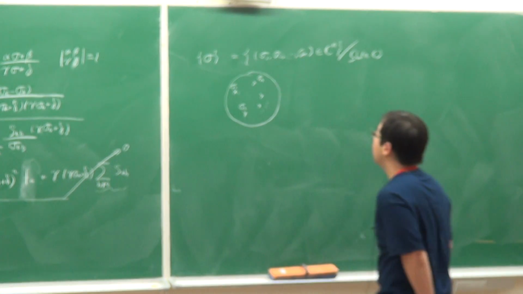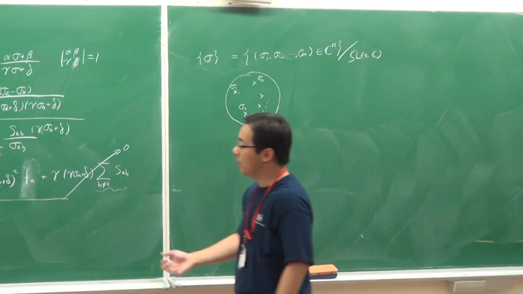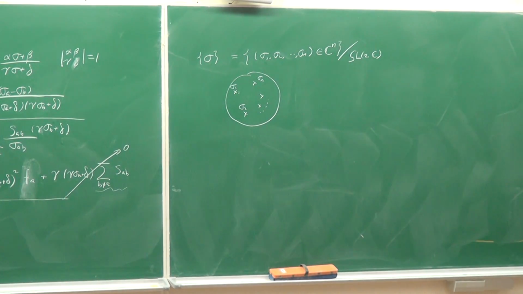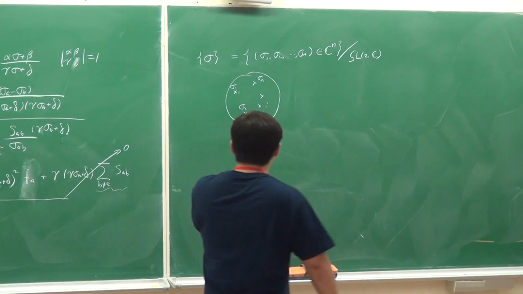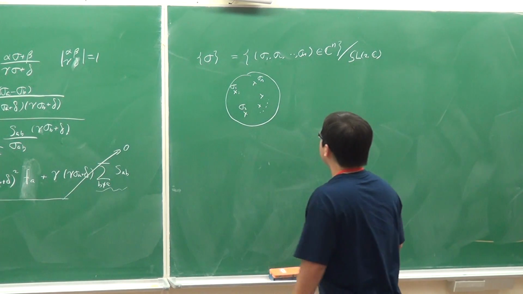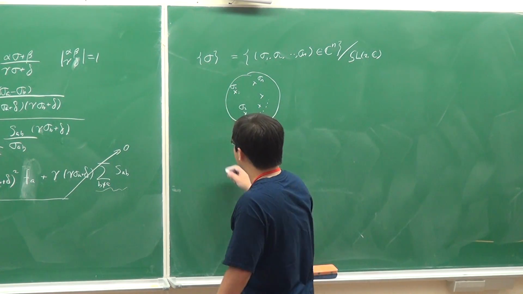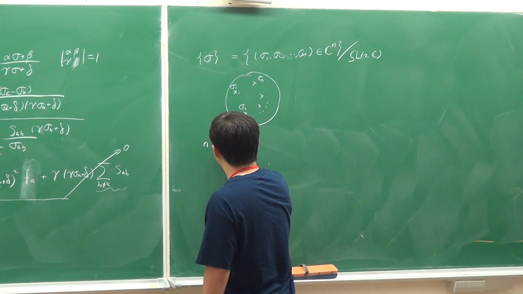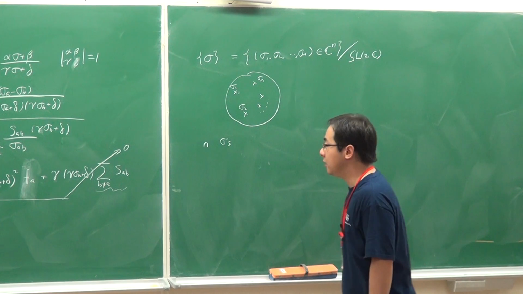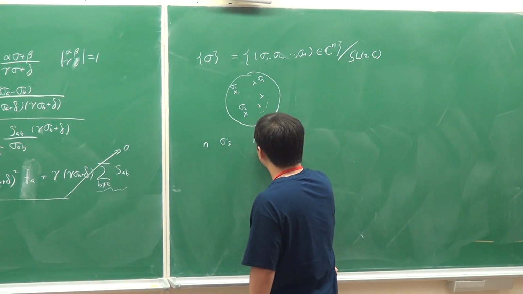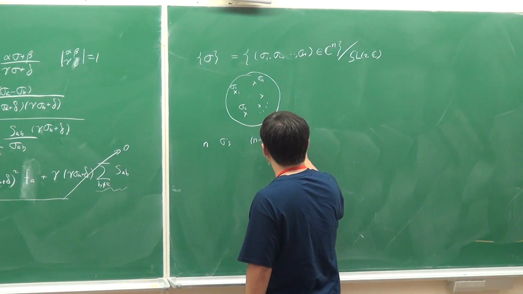Also, obviously from the equation, we don't want to consider configurations where the sigmas pinch. So effectively, that means although we have n sigmas, there are really only n minus 3 of them which are independent.